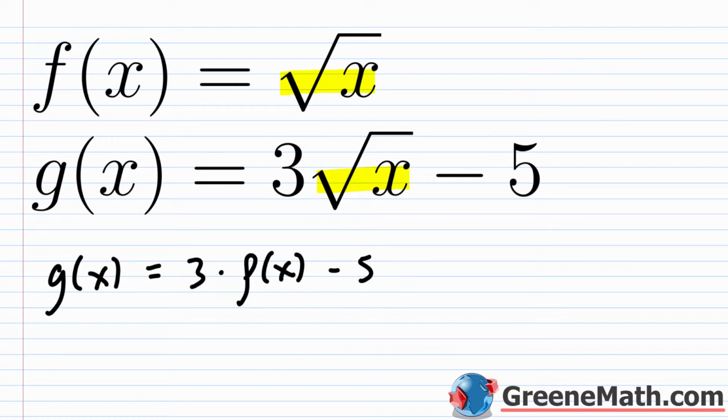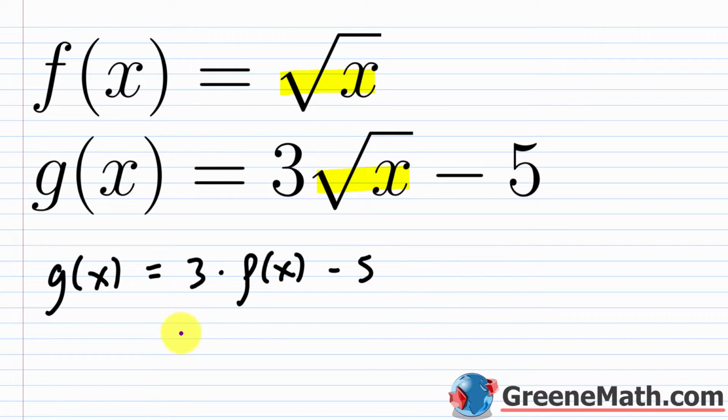Individually, we know how this works. What is 3 times f of x? That's giving me a vertical stretch by a factor of 3. And what is f of x minus 5? That's giving me a shift down by 5 units. But what do we do when we have both of them? What's the correct order? It turns out it's just going to follow the order of operations. So you would multiply first, and then you would subtract.